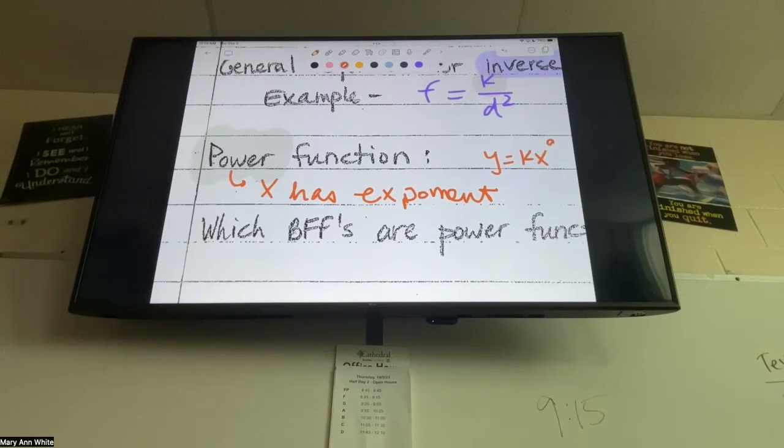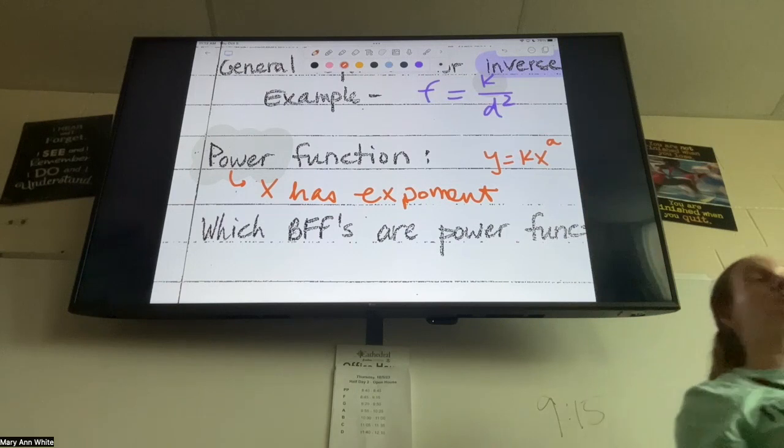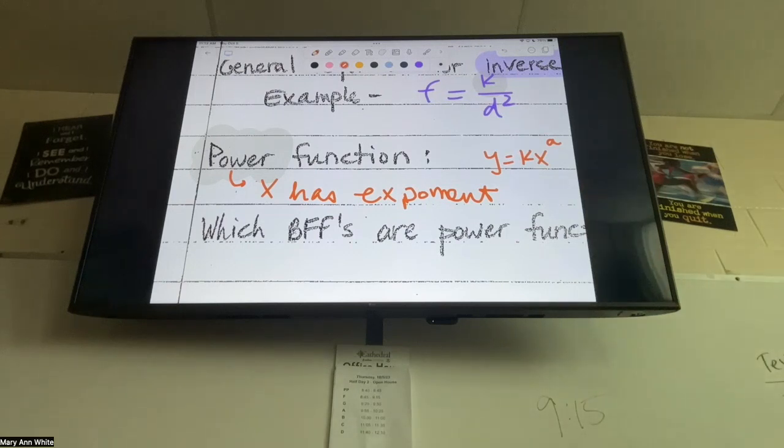And I'll just use like a little a to represent it. Can be any exponent. Now your constant k could just be 1, your constant k could be a real number or a bigger number or fraction, but we have a constant and then we have an exponent with our x, okay? So we deal with power functions a lot, and you guys are actually probably very familiar with some.